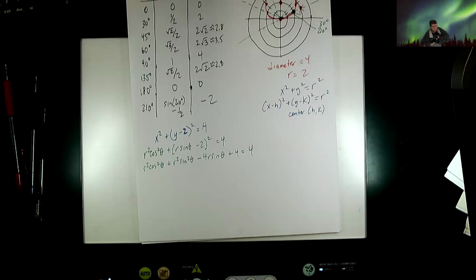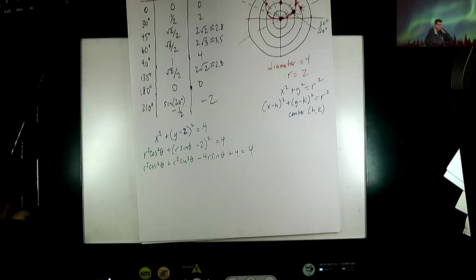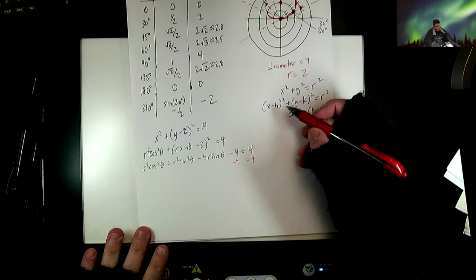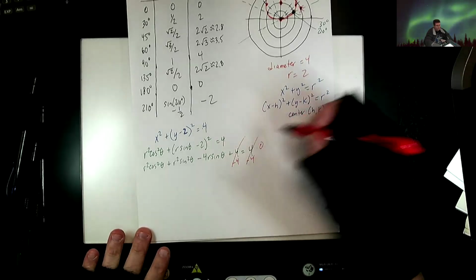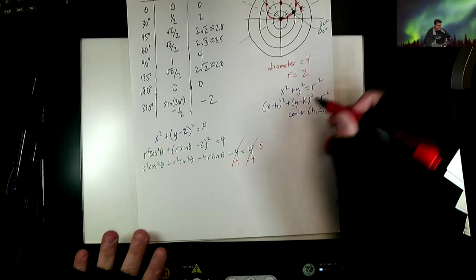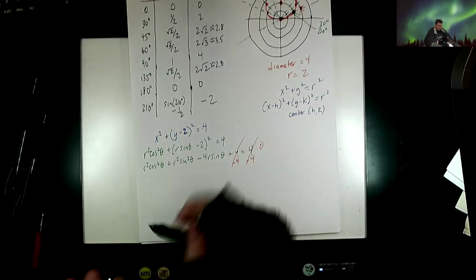Let's pause and make sure everyone processes that, gets it down and understands it. Well, it looks like we could subtract 4 from both sides, and those are going to go away, leaving a 0 on the right. So I've got r squared on 2 things over here.